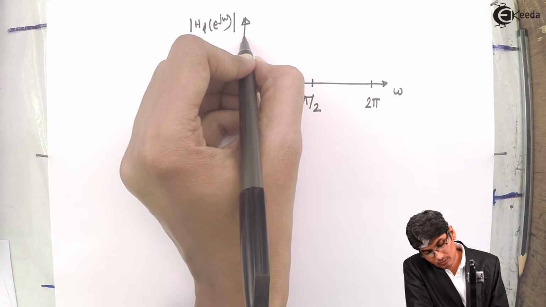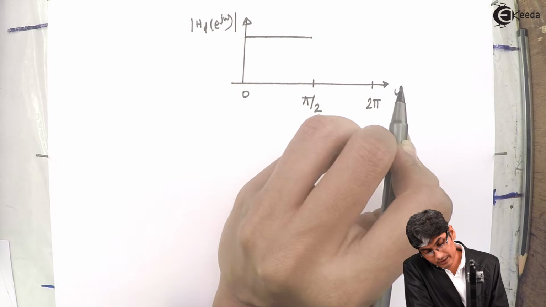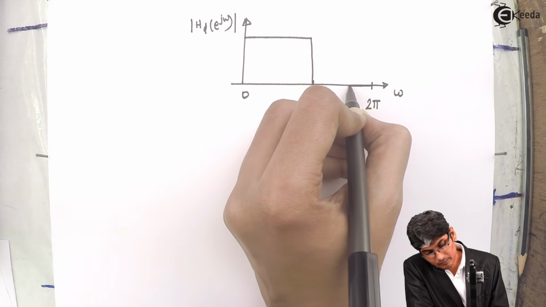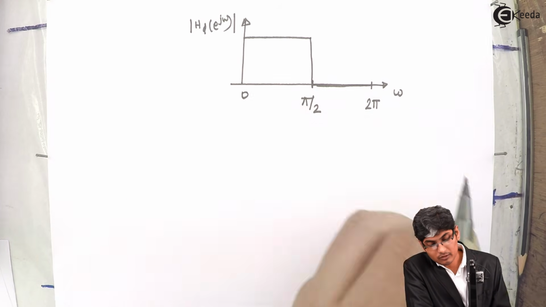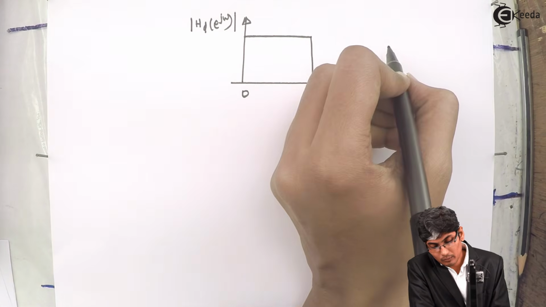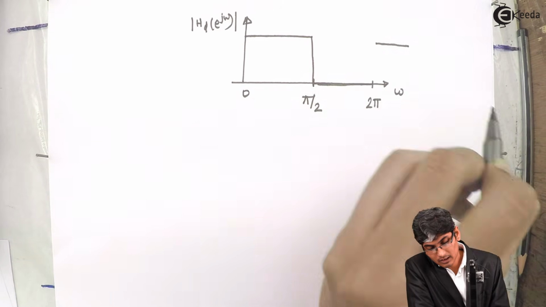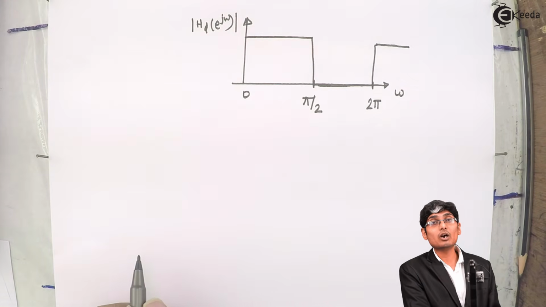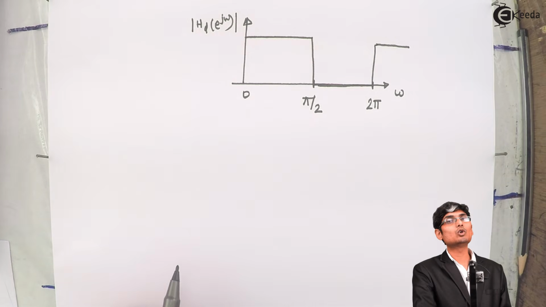So I will go from 0 to pi by 2 straight. From pi by 2 to 2 pi, it will be 0. At 2 pi, I will get back my high value because omega is periodic with a periodicity of 2 pi.